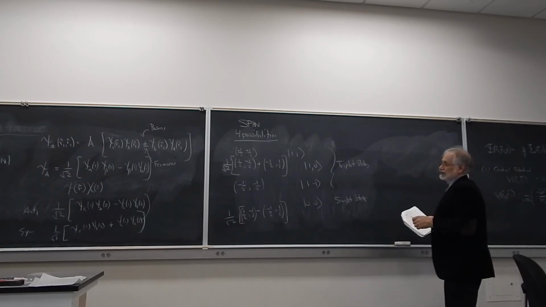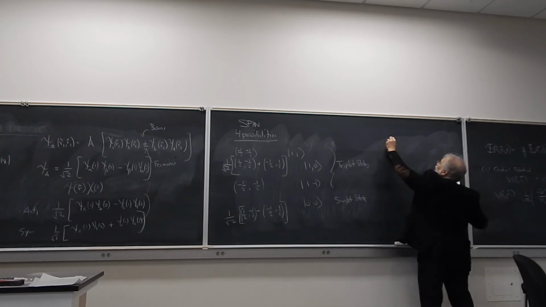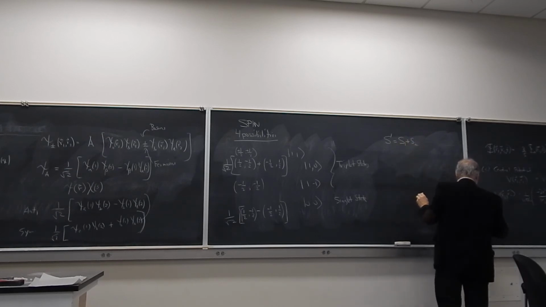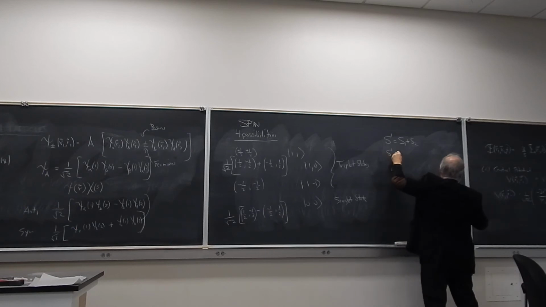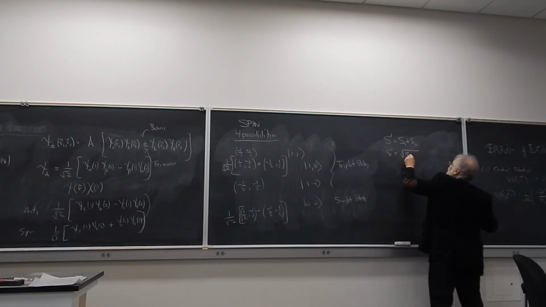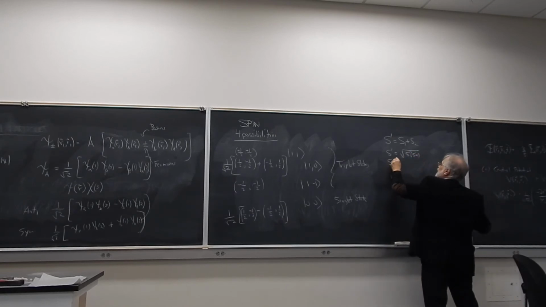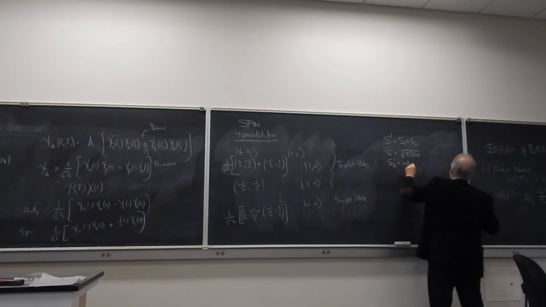So if I have 2 particles, I can look at the total spin as the sum of S1 and S2. S prime is equal to the square root of S prime times S prime plus 1, and SZ prime is equal to M H bar.